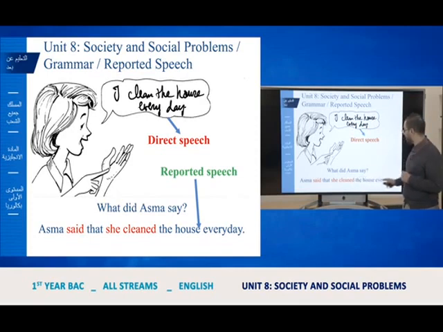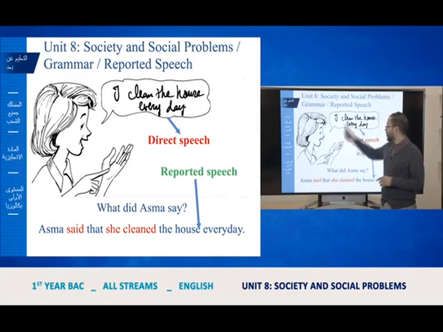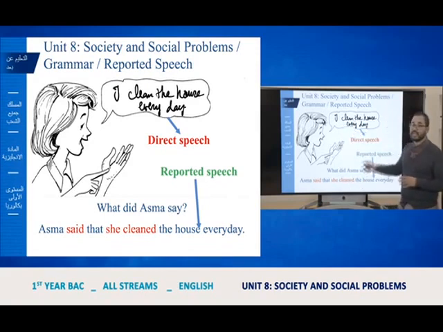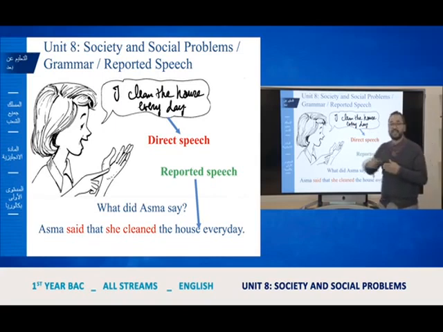So this is the reported speech. Okay, so I change the pronoun or the subject, she, and the verb present becomes the past. It's not the direct speech, this is the reported speech, which means Asma is not here and I'm just reporting or telling you what she said.